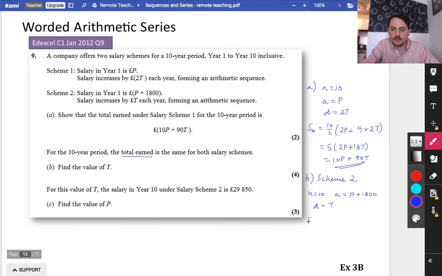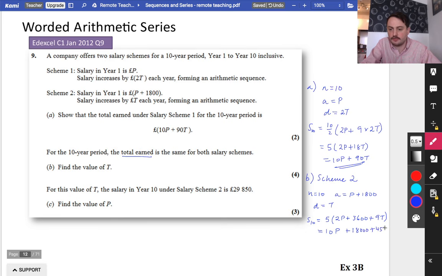So we can say that the sum of the first 10 terms is going to be n over 2, which is just 5, times 2a, which is 2p plus 3600, plus n minus 1 times d, which is just 9t.